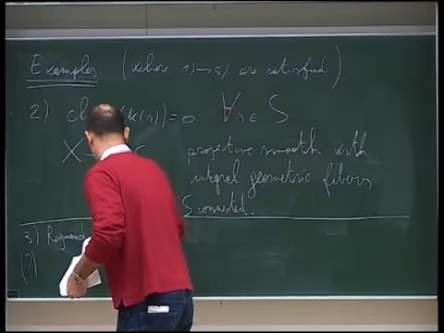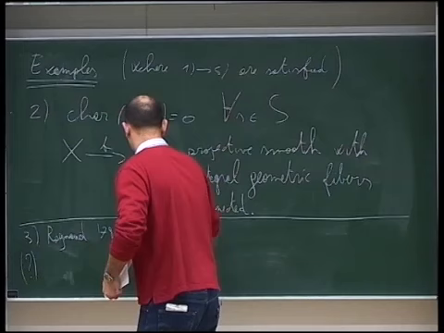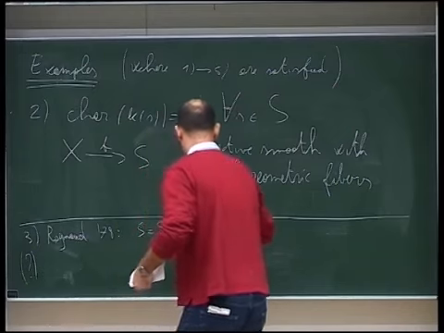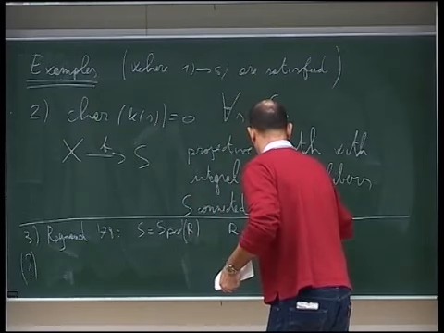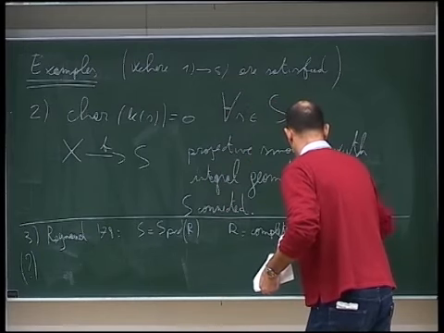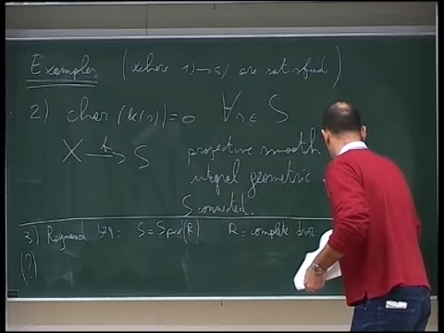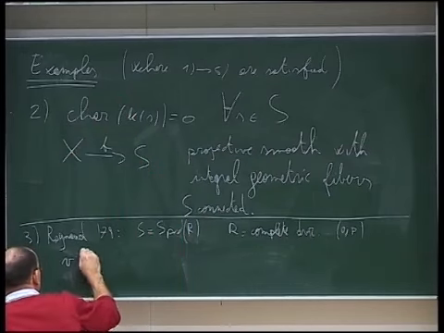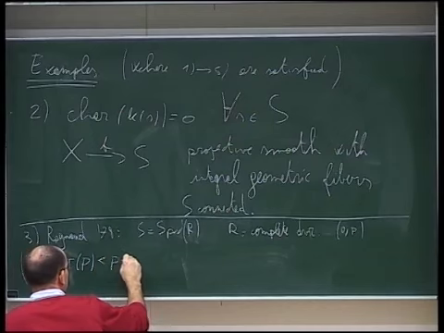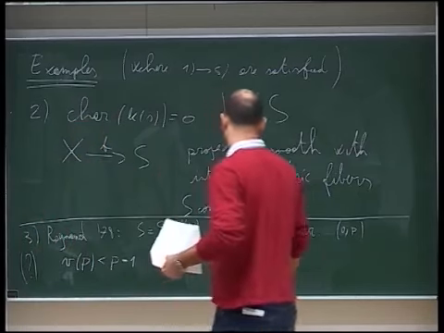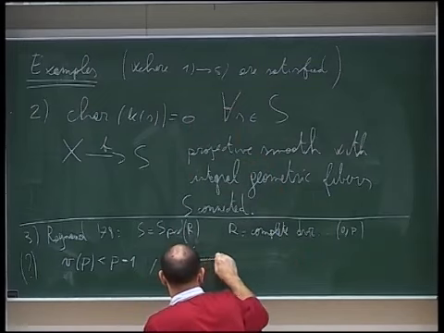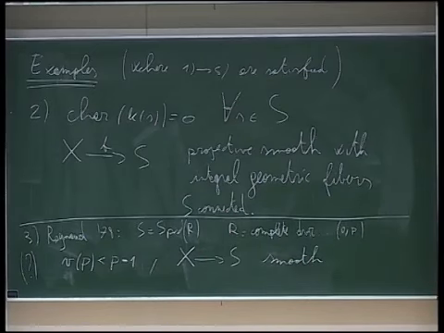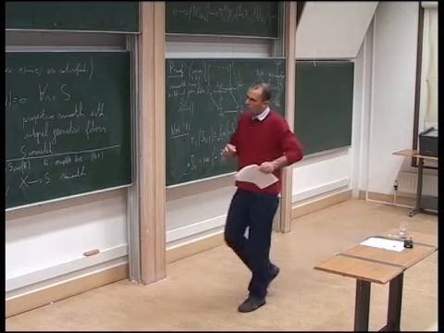Raynaud in '78 proved that if you take S, the spectrum of R, where R is a complete discrete valuation ring of mixed characteristic such that the absolute ramification is not greater than p minus 1, then if you take X over S smooth, points 1 to 5 are almost satisfied.